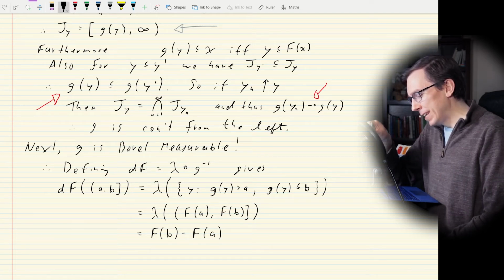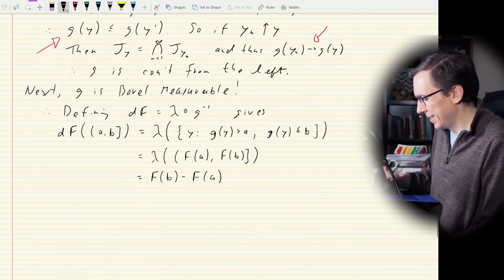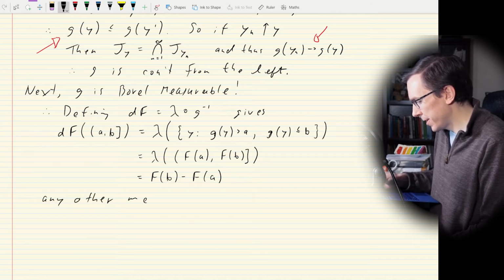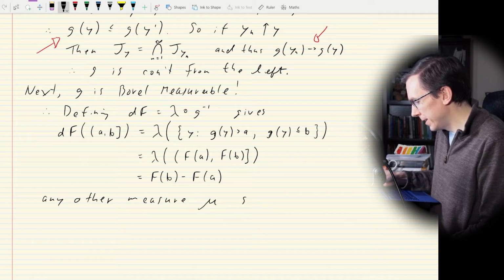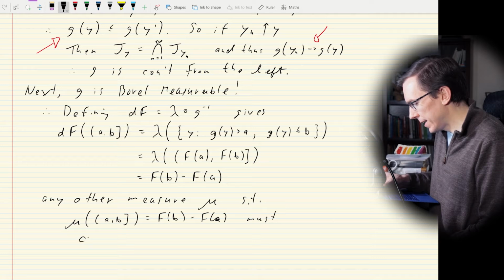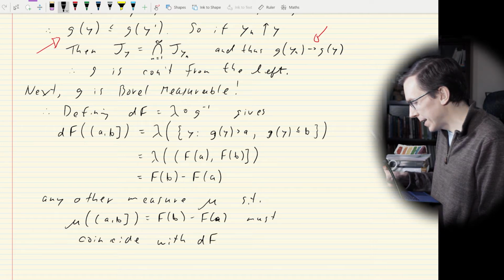The idea is that this measure works basically as, so basically the ending line is that any other measure mu such that mu of (a, b] is equal to F(b) minus F(a) must coincide with the newly constructed Lebesgue-Stieltjes measure on all Borel sets, which is all we really care about.